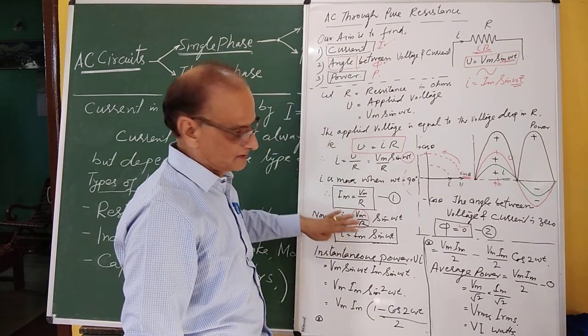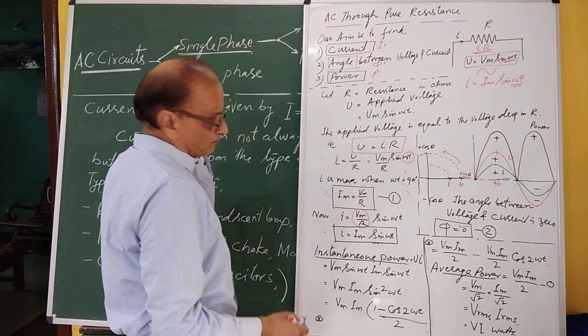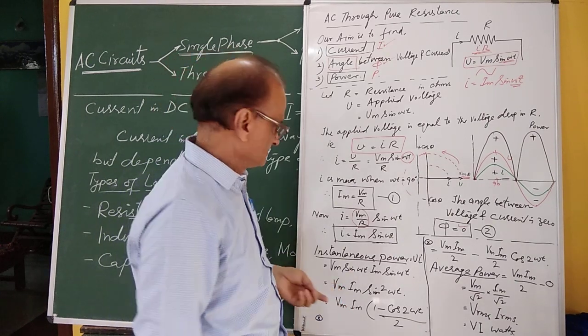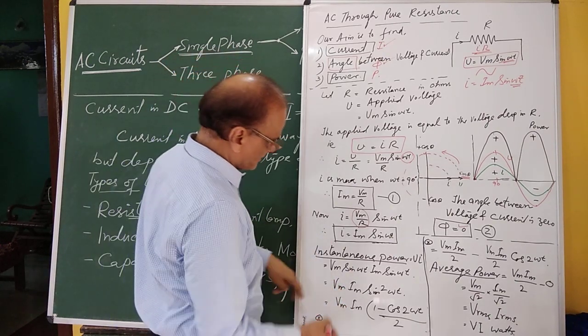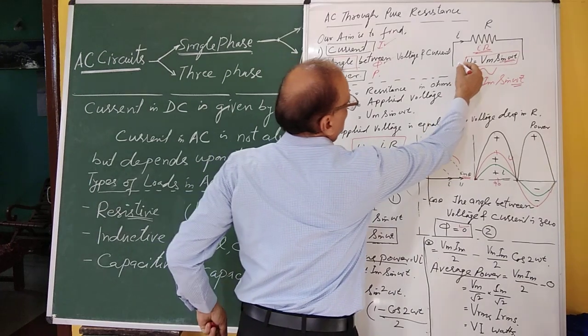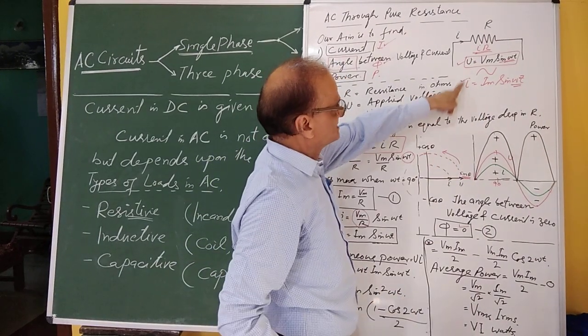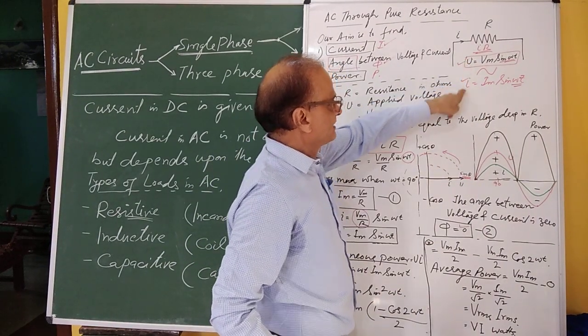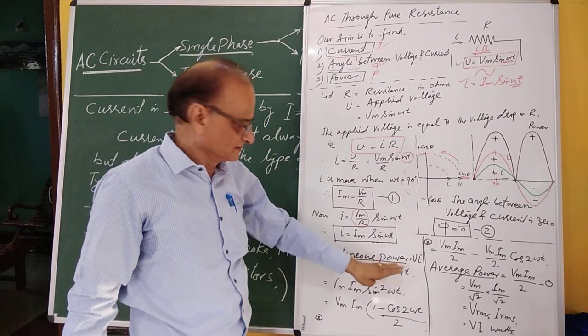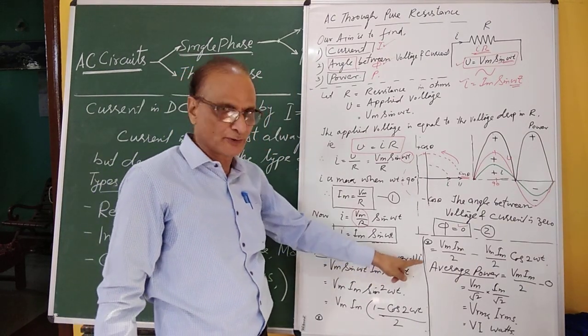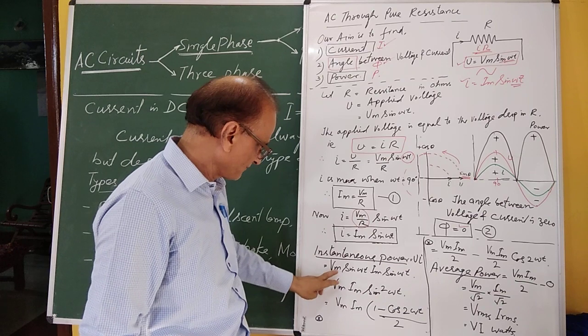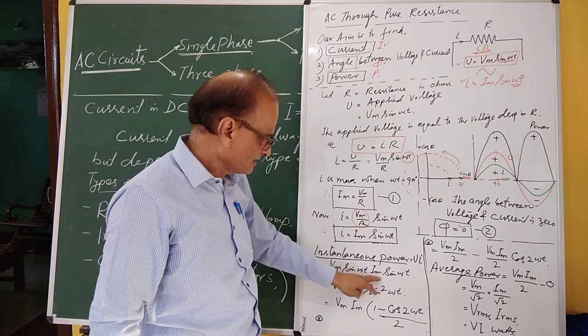Third aim is power. Power is voltage into current. So when voltage is instantaneous and current is instantaneous, the product of this V and I will be instantaneous power. So instantaneous power is equal to V into I. Substitute the value of V and I here, Vm sin theta, Im sin theta.